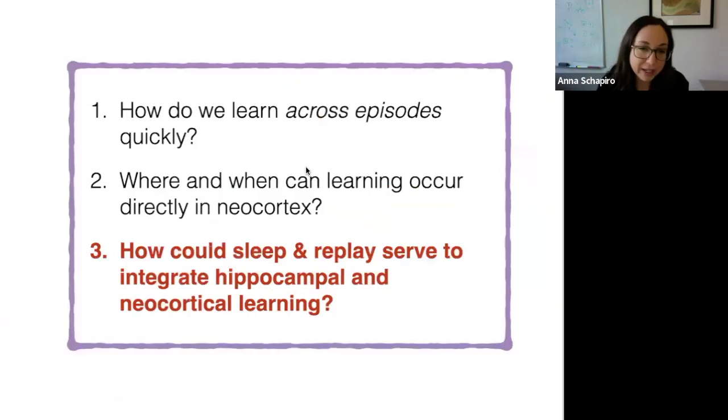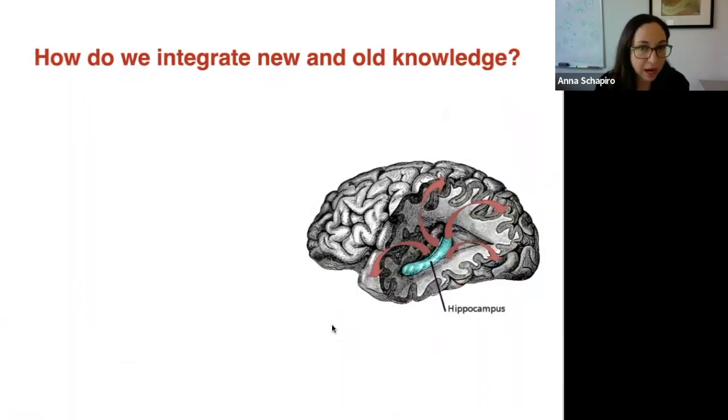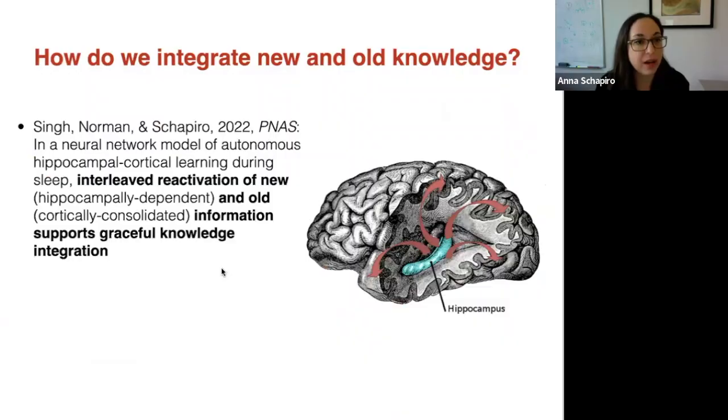So I'll just tell you about one project in this space that we're excited about that tries to address this question of how sleep and replay could serve to integrate hippocampal and neocortical learning. So how do we integrate new and old knowledge?